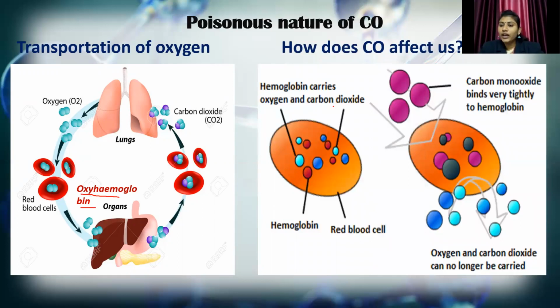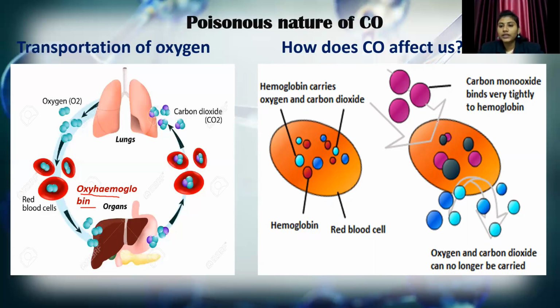We already said that hemoglobin carries oxygen and carbon dioxide. Oxygen is carried to the parts of our body, or to the tissues, and the carbon dioxide is carried back to the lungs by hemoglobin. So hemoglobin has a combining capacity with oxygen. But if carbon monoxide comes, then hemoglobin will combine with carbon monoxide more easily than oxygen.